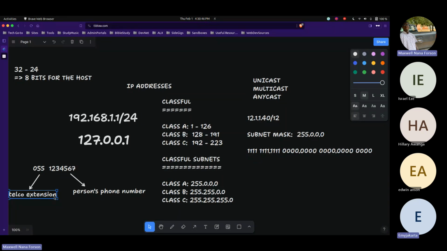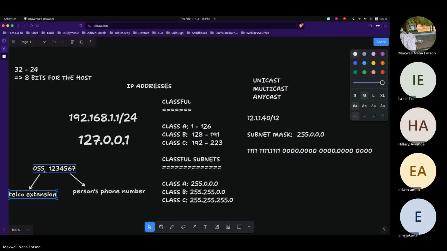Okay. Sorry, does this telco extension include the country code of the person? Okay, so I'm just trying to keep it to what belongs to the network itself. I'm not talking about the country code at all. Right. So this is just what the telecommunication company itself will give you as their extension, not the full country-based thing.